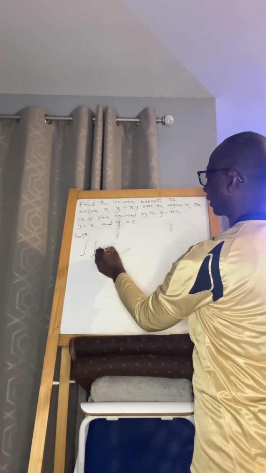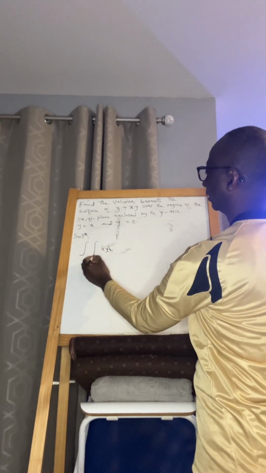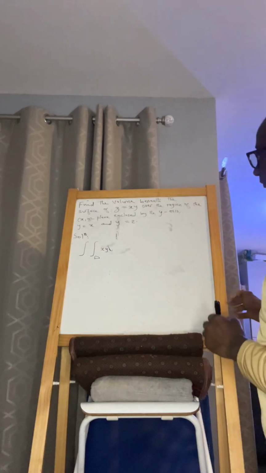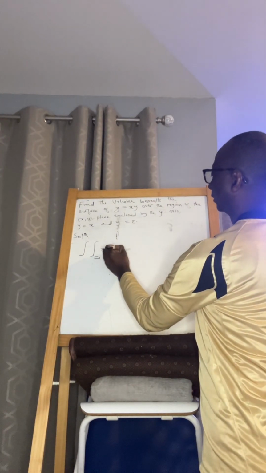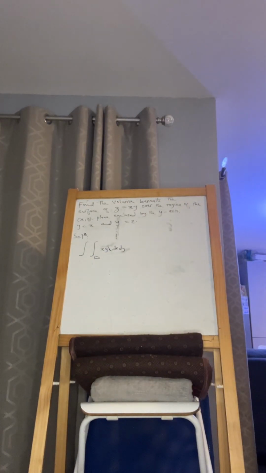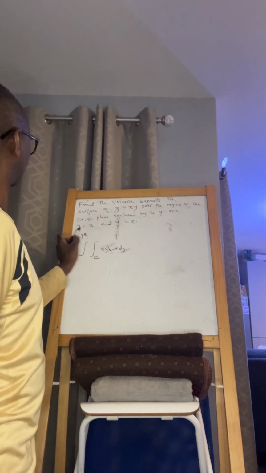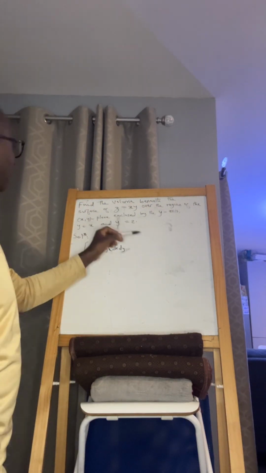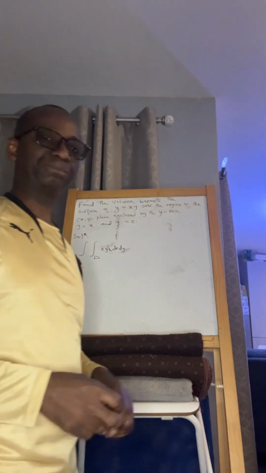So this is xy over the region of the xy plane, that is D, enclosed by the y-axis, dx dy. Not finished yet. We're going to find our limits. These values they gave us, y equals x, y equals 2. We're going to find the limits to be able to solve this problem.